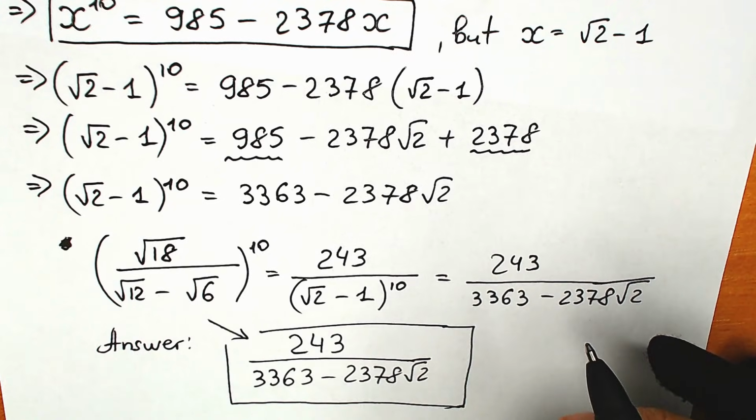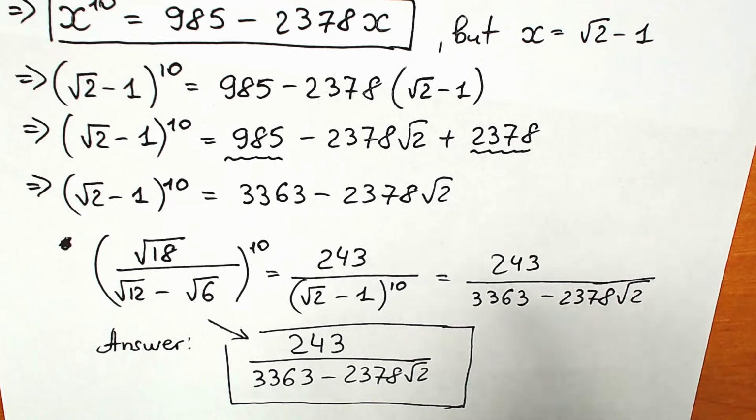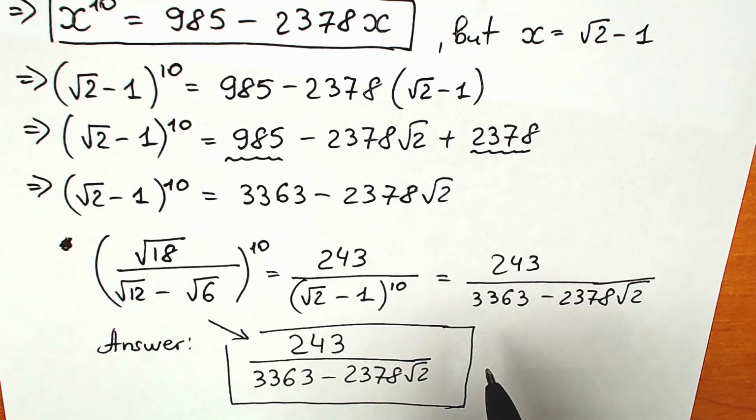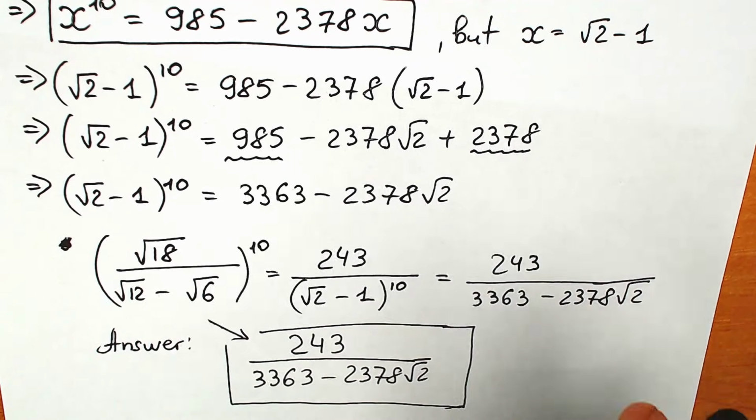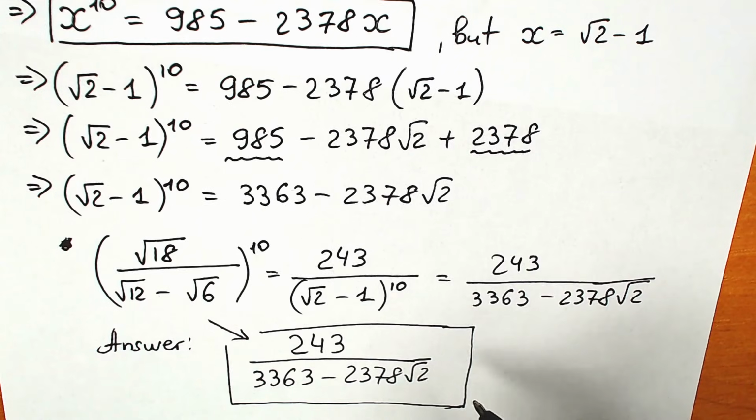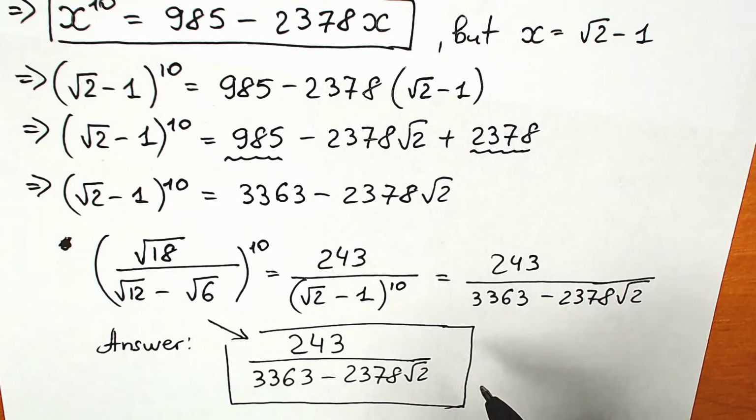And of course, if you want to solve this question completely, you can multiply it by the conjugate expression with the positive sign, and then you can get rid of this denominator. When we multiply it, we have a difference of squares. Maybe right here we have something like 1 or 2, I'm not sure, but you will simplify it a little bit. I leave it like that without any changes, and this is my final answer to this question.